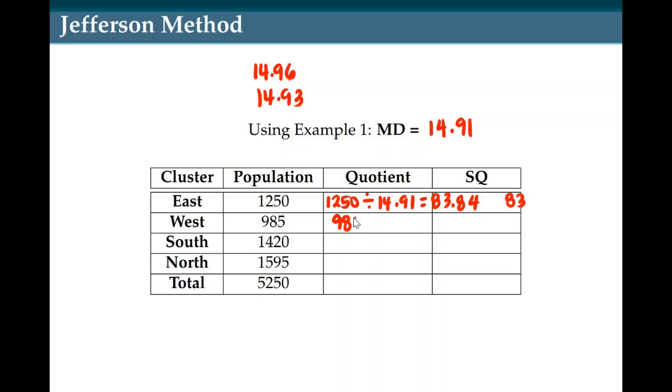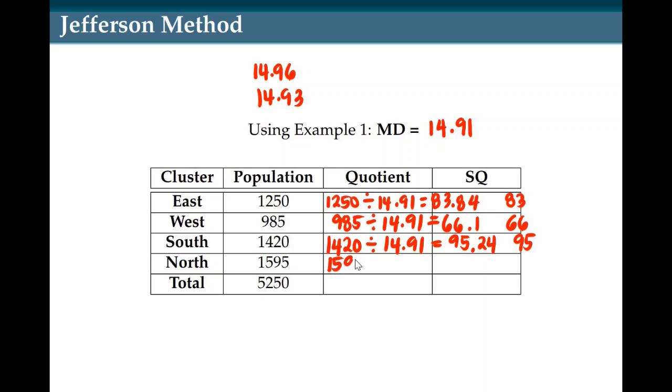Again, 985 divided by 14.91 will give us 66.06, or 66.1. But still, the standard quota for this is 66. Next, 1,420 divided by 14.91 will give us 95.24. And the standard quota for this is 95.